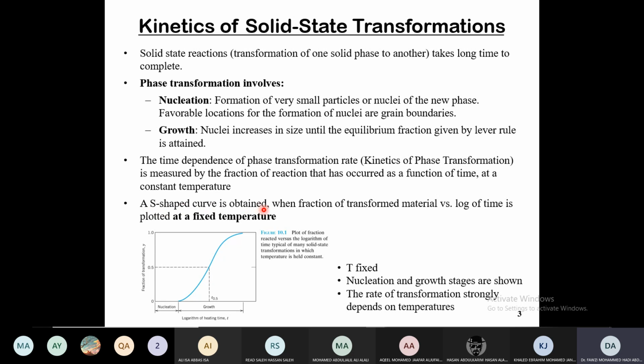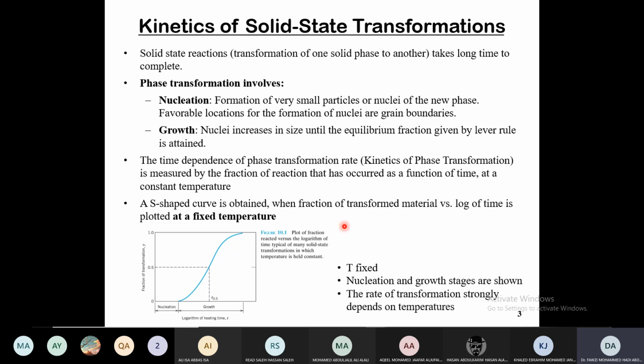The S-shaped curve is obtained when the fraction of transformed material versus the log of time is plotted at, of course, a fixed temperature. We need to fix the temperature because at different temperatures we have different results. When you study something, you need to fix some variables.